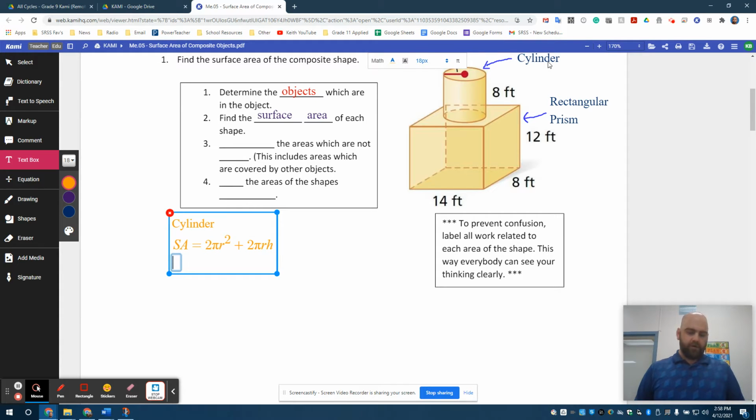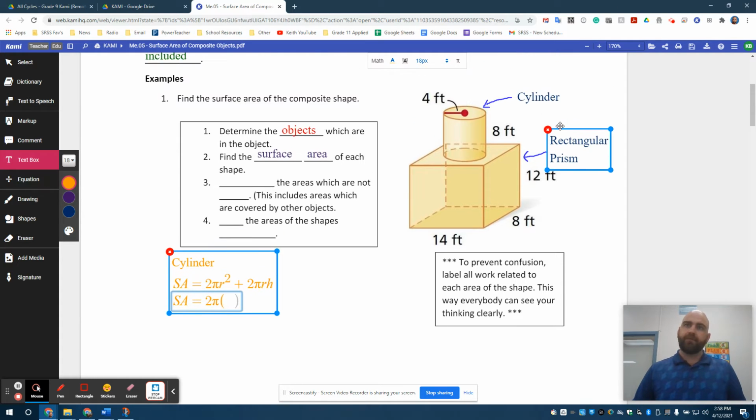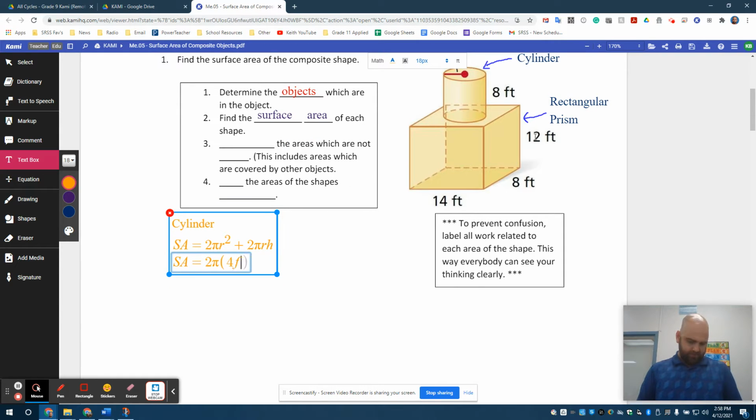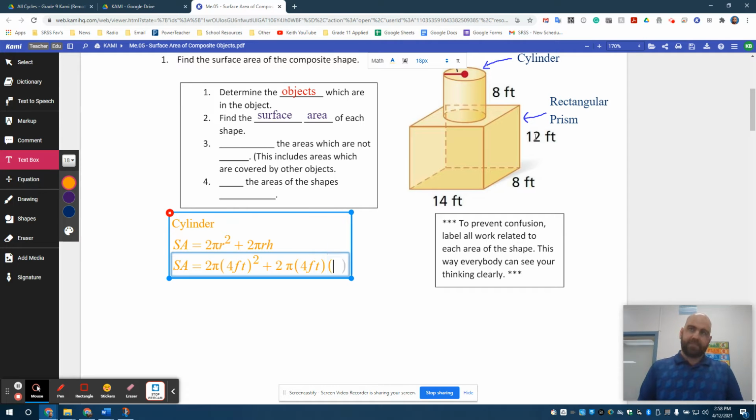Let's get all of our values in there. 2 times pi times the radius, 4 feet is the radius, squared, plus 2 times pi times the radius again, 4 feet, times the height of the cylinder, and you'll notice that's the 8 feet right up here. There's our height, 8 feet.